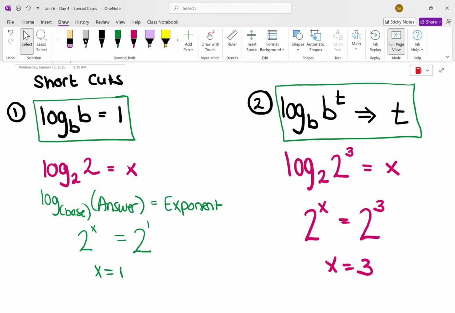So it would be 2 to the x power equals 2, which is really 2 to the first. Wouldn't x have to equal 1? Yes, when the base and the argument are the same, it will always simplify down to 1. Is number 2 the same thing? Number 2 is the same, but now the argument has an exponent, so it's whatever the exponent is.